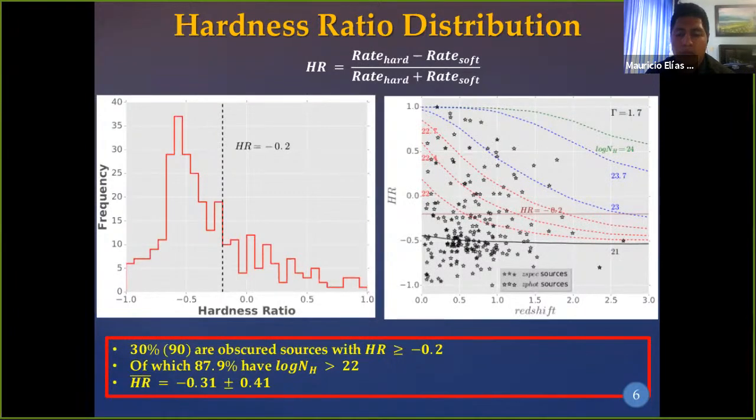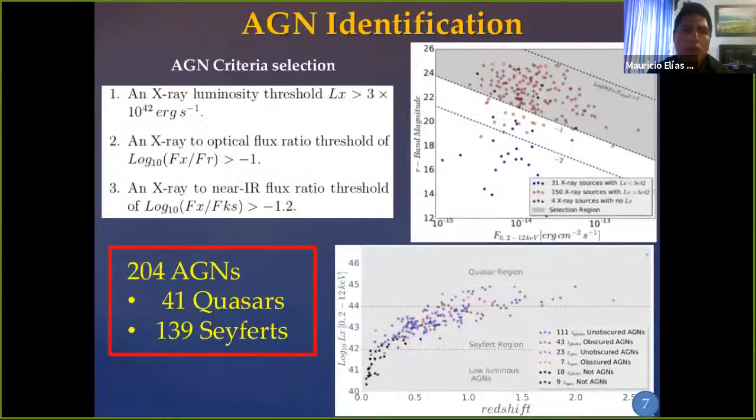Finally, we use 3 criteria to identify AGNs. The first is a typical AGN X-ray luminosity threshold of 10 times 10 to 42 ergs per second. The second and the third criteria are based on the X-ray to optical and infrared flux ratio.